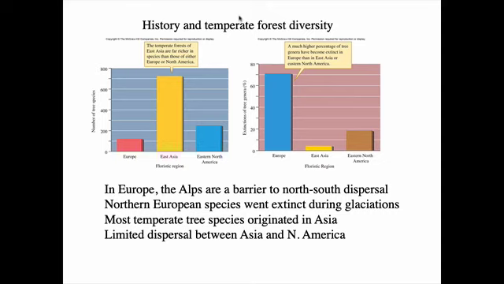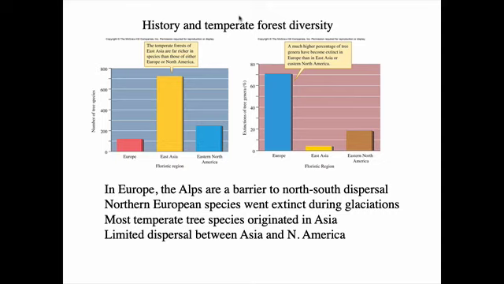The temperate forests in Europe are pretty depauperate. And there are a lot more fossil species in Europe than either East Asia or Eastern North America. So there have been a lot of species in Europe, but a lot of them have gone extinct. And that's not happened in Asia or North America.